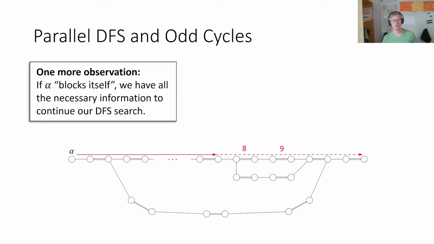There's one more thing that we observed, which is that it could also be that from alpha there's a longer path to this edge labeled with 8. So alpha is blocking its own DFS search by the old DFS search that it did, because the first one was shorter.